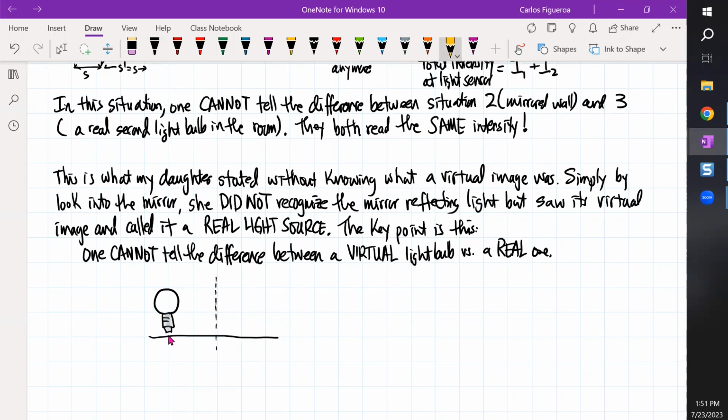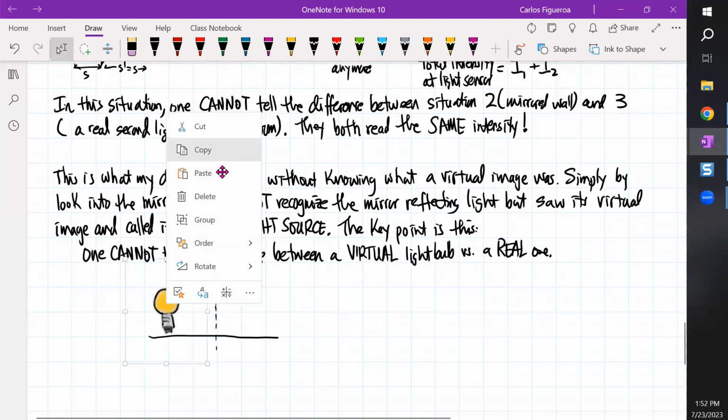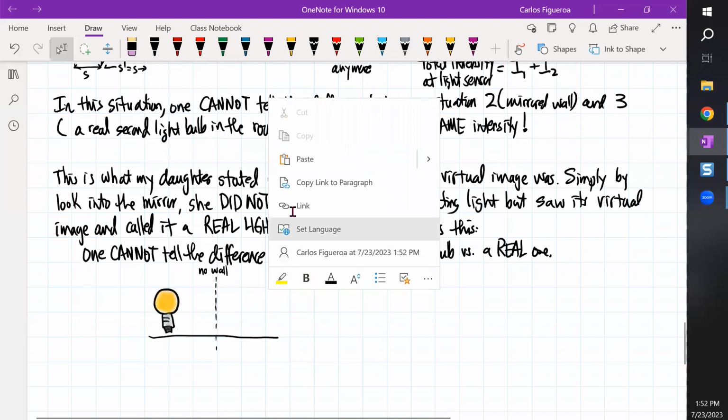There's no wall. So I'm going to take this guy and copy it, and put it right over here.